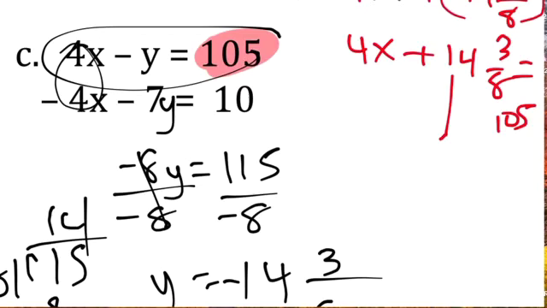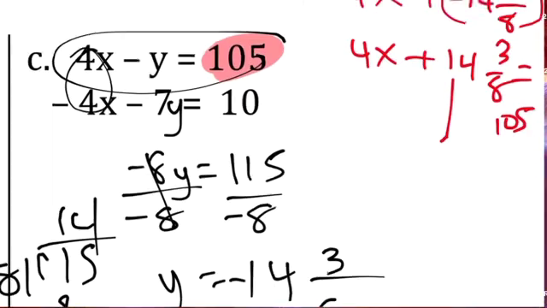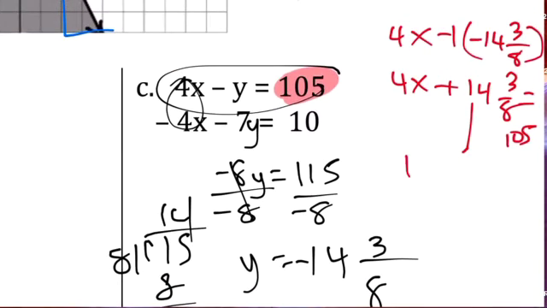Subtract. Okay, 105, subtract, that's 3 over 8, subtract 14. I'm going to get rid of the fraction. I'm going to make this improper. Let's go back and make this improper.